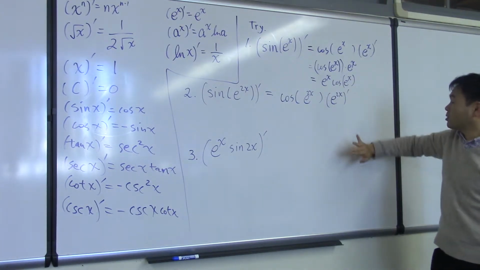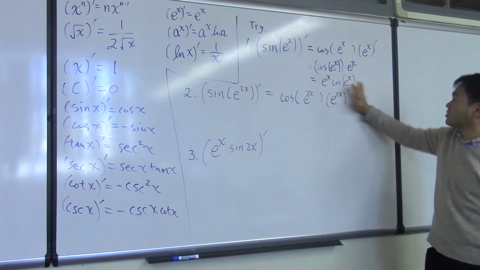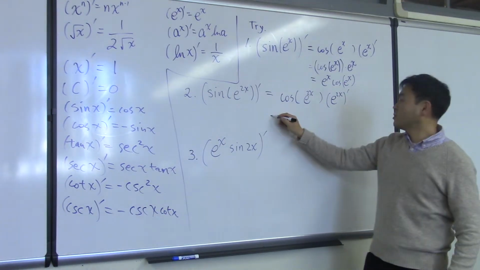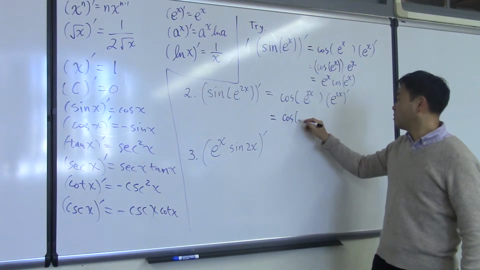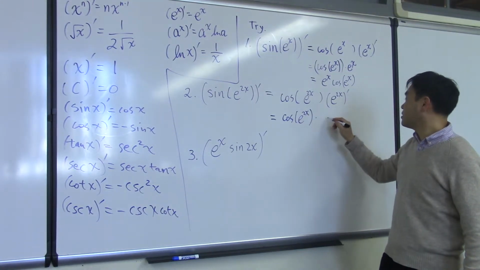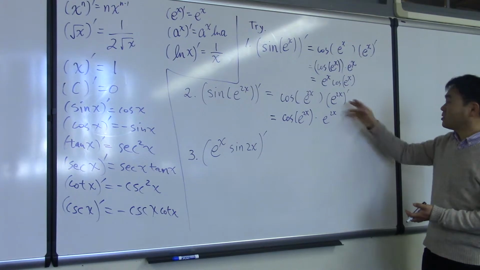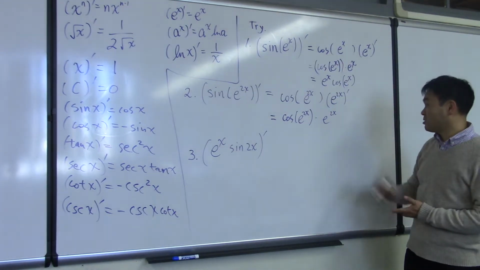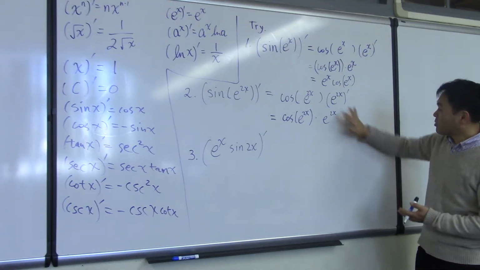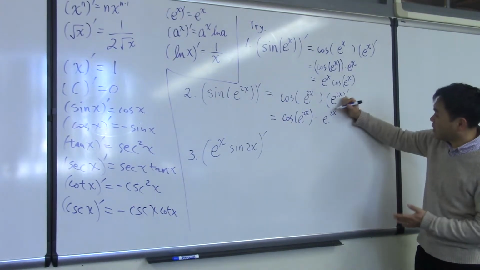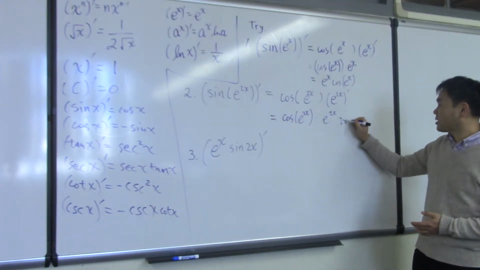Okay? So you're differentiating e to the x, or e to the what you're covering. So because e to the x differentiates to e to the x, nothing changes. However, the thing that you covered should be pulled outside and differentiated again.